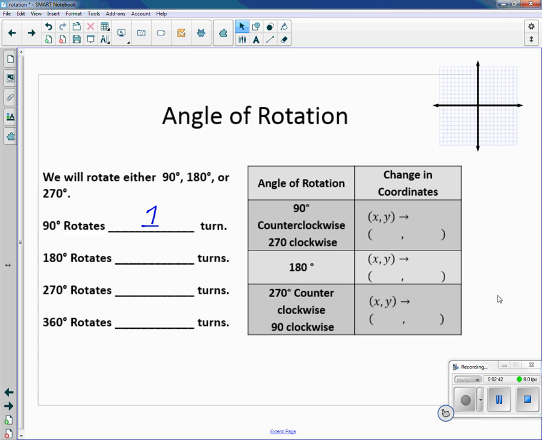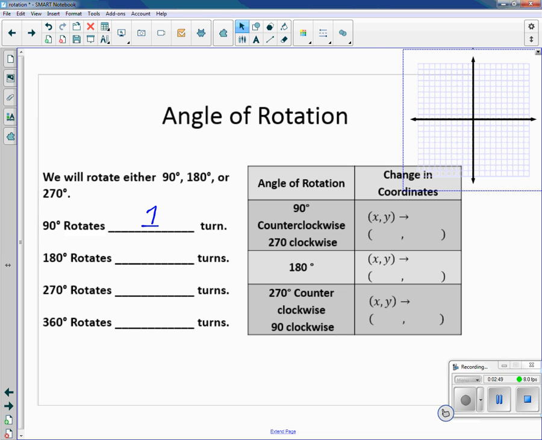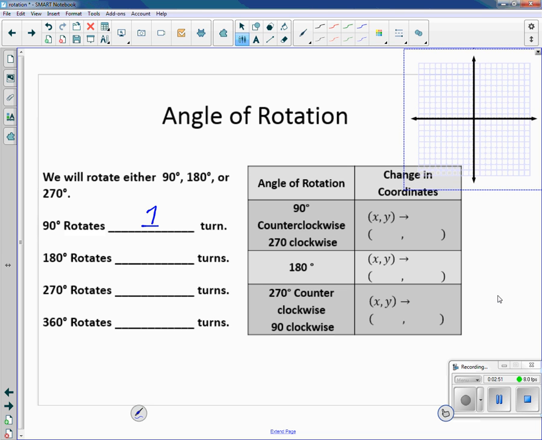If I start at this point, and I'm going to create this point so you all can see it, this is point (3, 2).